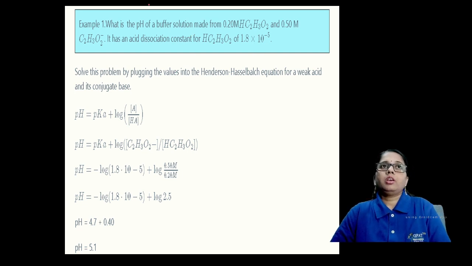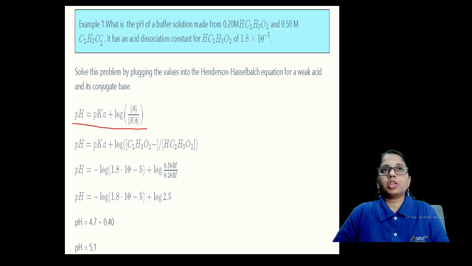Let us see. Solve this problem by plugging the values into the Henderson-Hasselbalch equation for a weak acid and conjugate base. We know that pH equal to pKa plus log of salt by acid. Here the base is the conjugate base and it is a weak acid. So pH equal to pKa plus log of conjugate base, that is CH3COO minus, divided by acid.